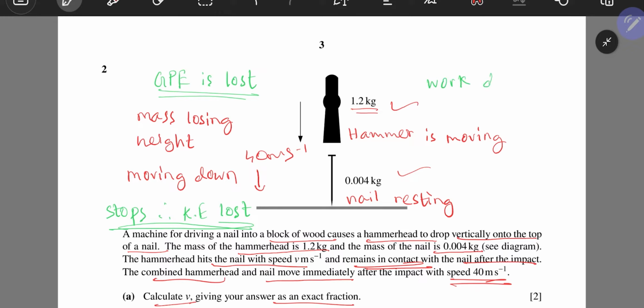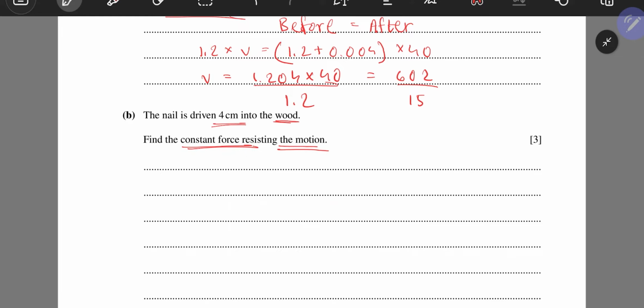So I can form an equation: GPE plus KE equals work done against resistance.